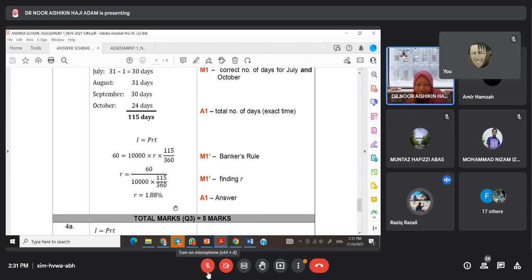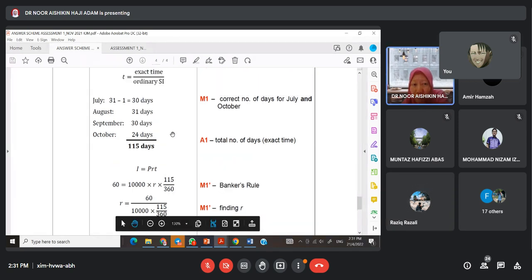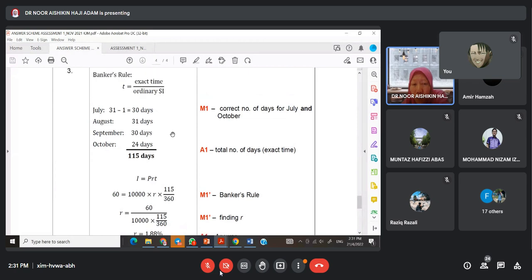Yang 1.86 tu kenapa? Saya dapat 116 for the number of days. 116 terlebih 1 hari kat mana? Julai tak betul? You salah kat Julai lah.